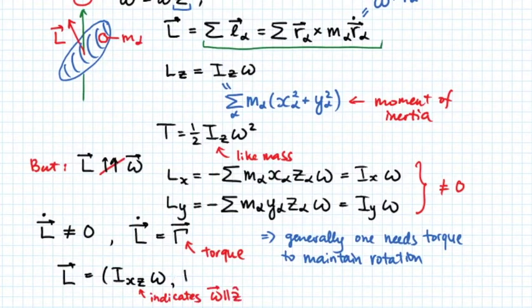Likewise, the y component will be I sub y z omega, and then I sub z z omega, which will describe total angular momentum vector.